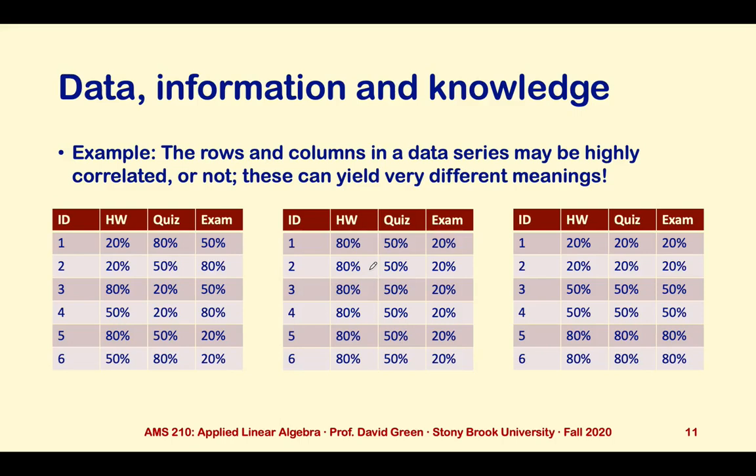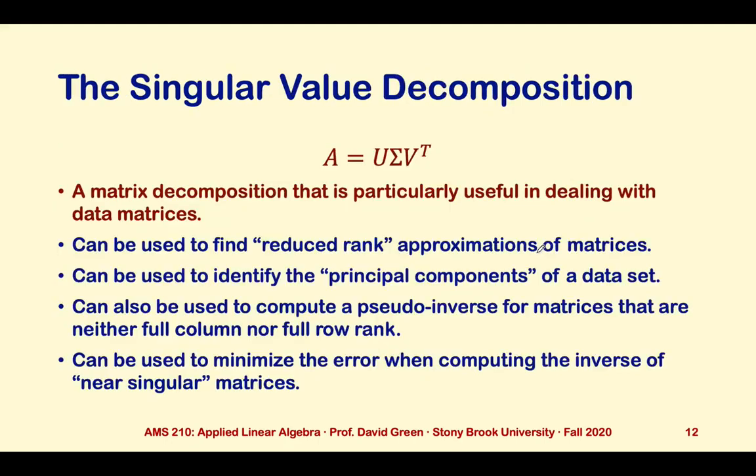So there are many tools that we can use to pick apart data in matrices like these. These are trivial examples, but are set to give you a feel for the kind of problems you might be looking at. In this unit, we are going to be focusing on one particular tool known as the singular value decomposition.